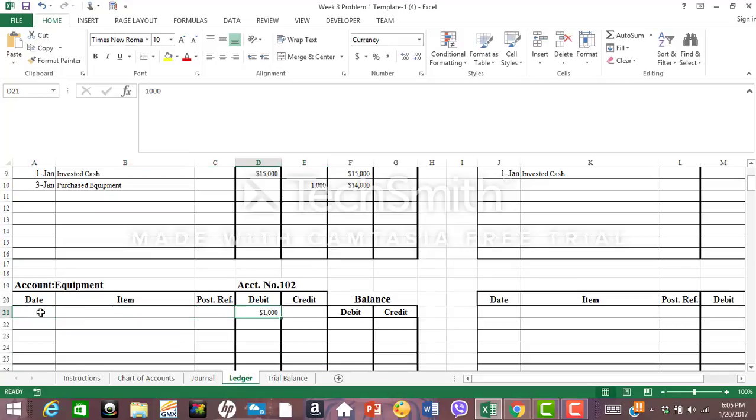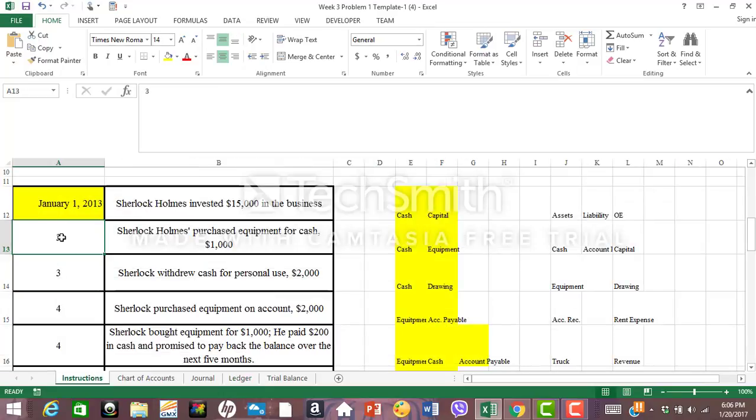Instead of doing it here, let's do it one line below. So January 3rd, purchased equipment. Make sure you spell correctly. Debit $1,000, and then the balance is a debit of 1,000. All right, so we are done with the second transaction.